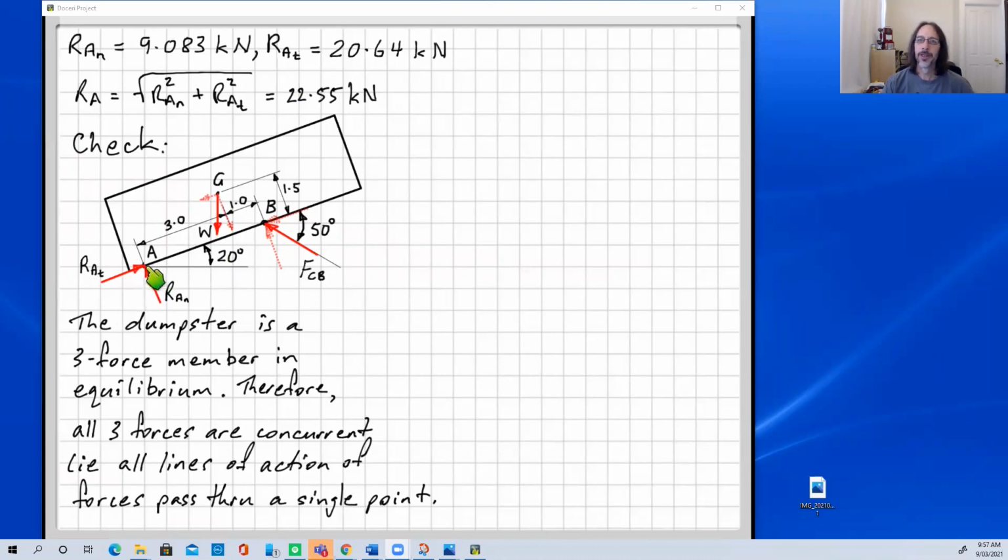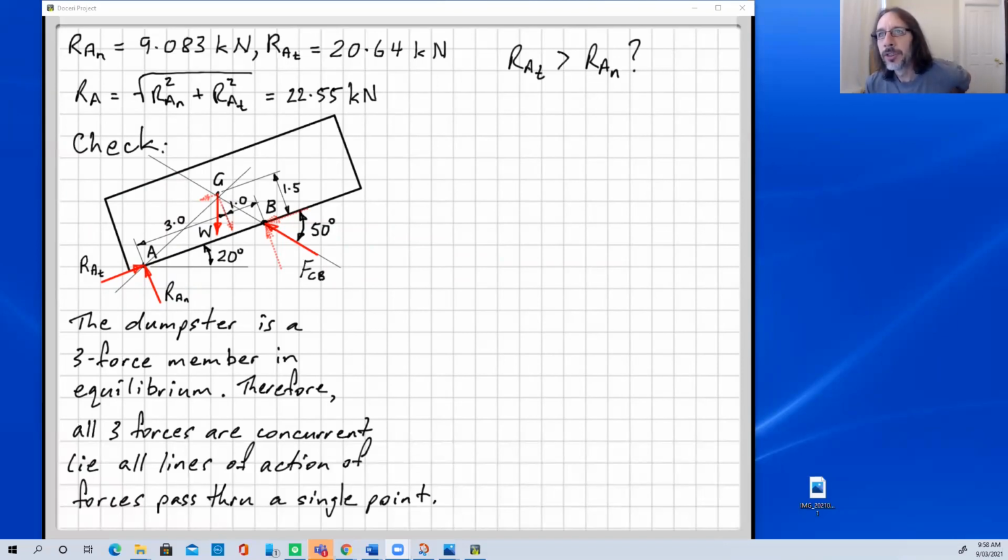So we have a single resultant force RA, the weight, and the hydraulic cylinder force FCB. If we continue the line of action of this force, it will pass through the line of action of the weight, and then we know that the resultant reaction force at A must pass through that point of intersection. Okay, so we can put that on our diagram like that.